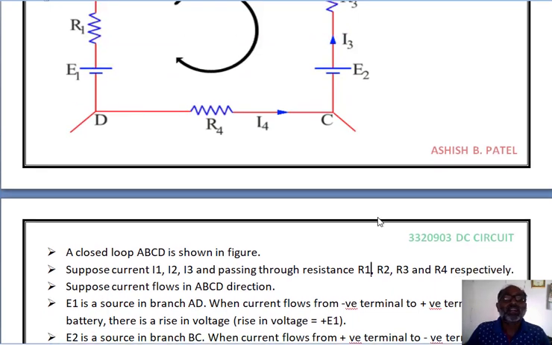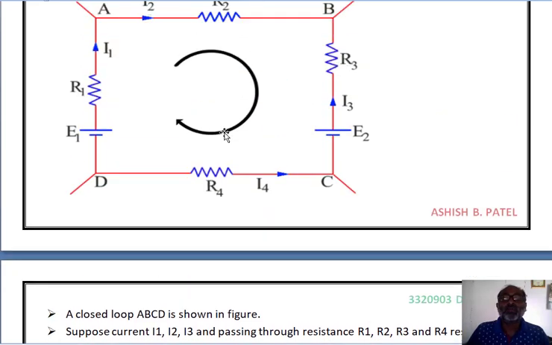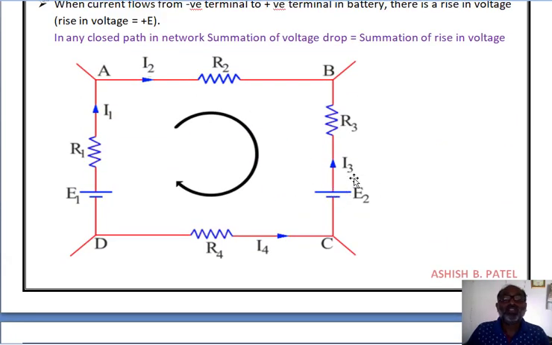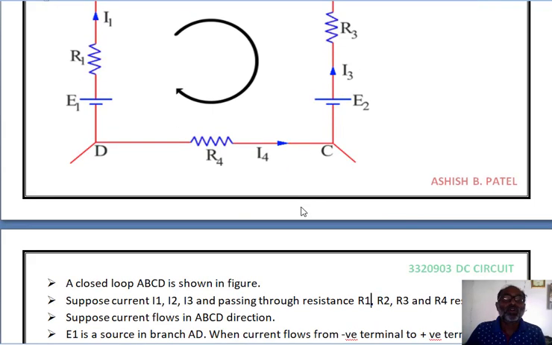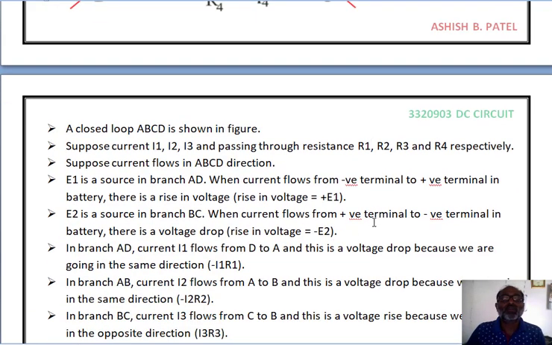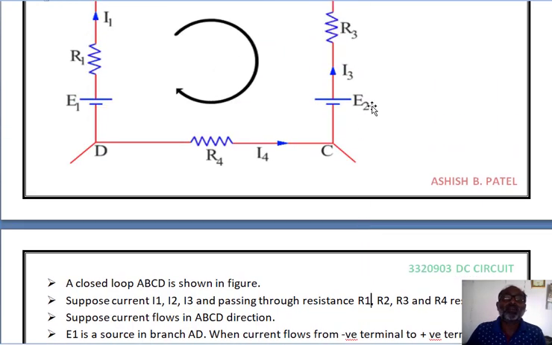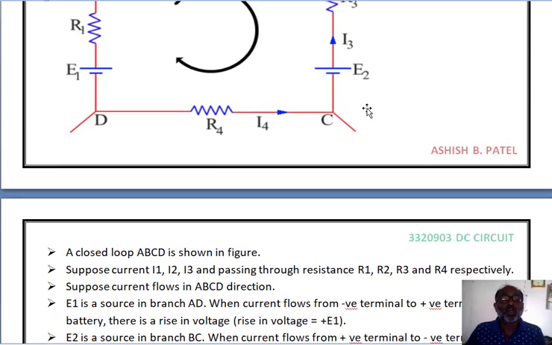So we can take plus E1. Similarly, the voltage source E2 is available in branch BC. So now in this, the current flows from higher potential to lower potential, that means positive terminal to negative terminal. That means there is a voltage drop. So here we are taking minus E2.